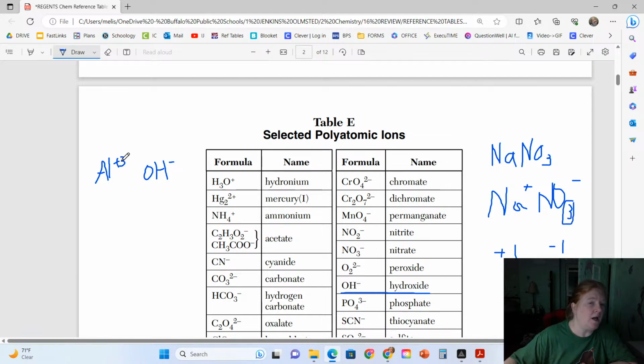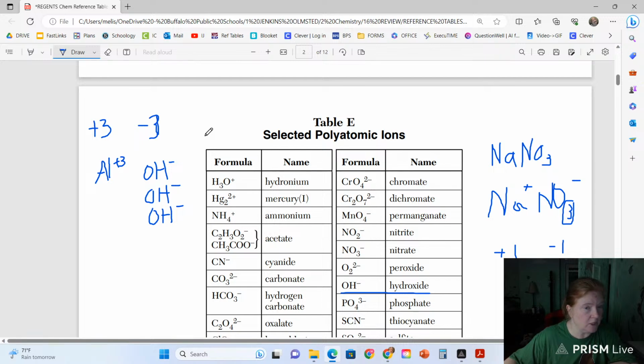But, and here's why. So aluminum has a +3, hydroxide, so I have 3 positives total on this side. But I only have -1. And if I add those together, I won't get 0, right? So I need more negatives. So I'm going to add another OH negative. That will give me -2. I'm going to add another OH negative. Well, that will give me finally -3. Now they will balance out, right? And I'll show you why I don't like crisscross in this case. So how many aluminums did I need to balance it out? 1, right?